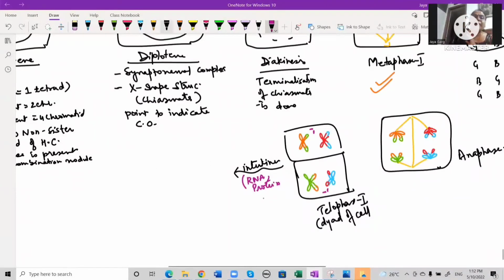Is it clear? Now I'm directly entering into the metaphase, because prophase 2 has nothing new. Again, the nuclear membrane will disappear, all these things. So I hope you can understand that.